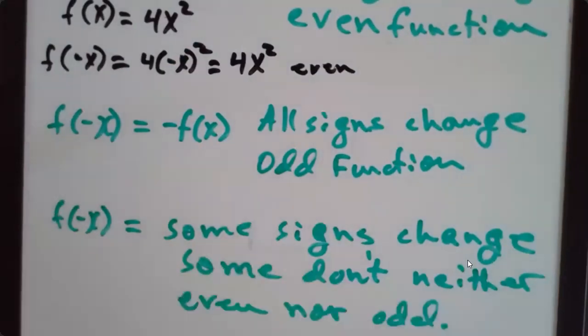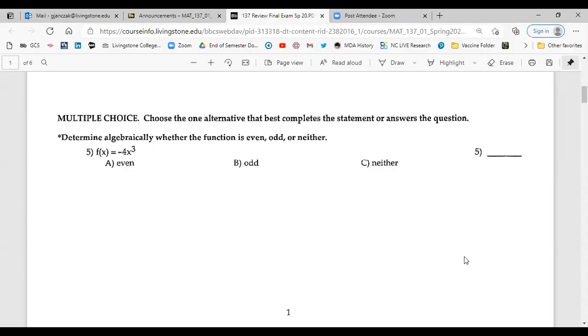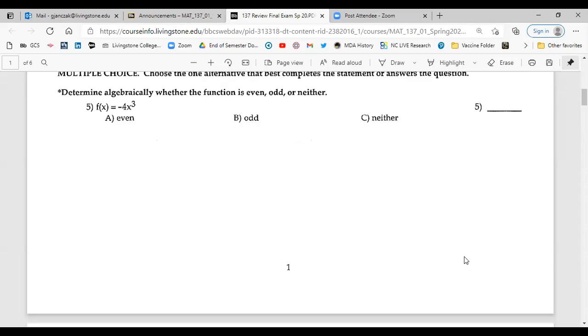Okay? All right. So that's a quick lesson on determining algebraically if a function is even, odd, or neither. Any questions with that? So I went a little bit further than what the question asked for, but that's why we're here. We're reviewing. So okay, moving on.